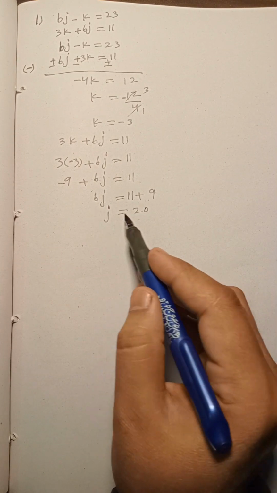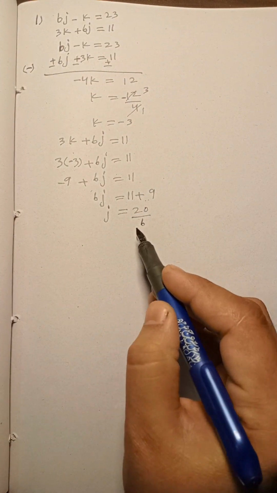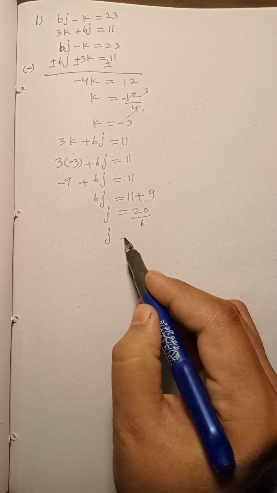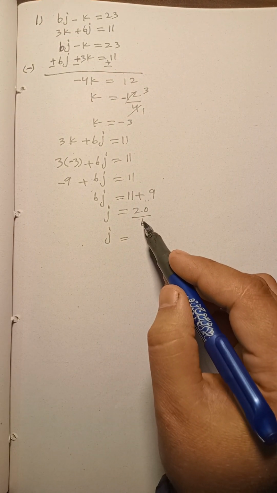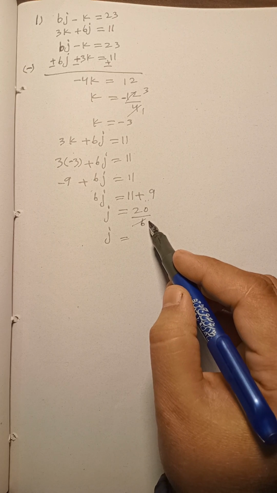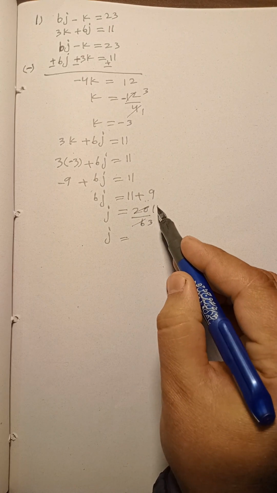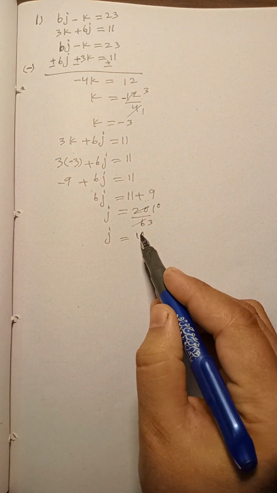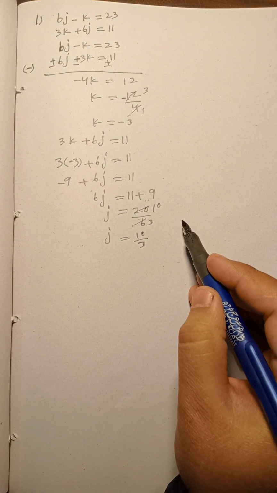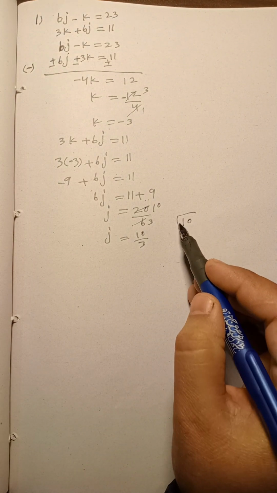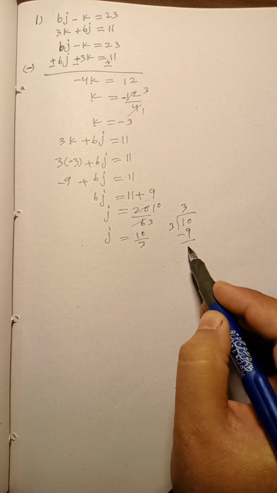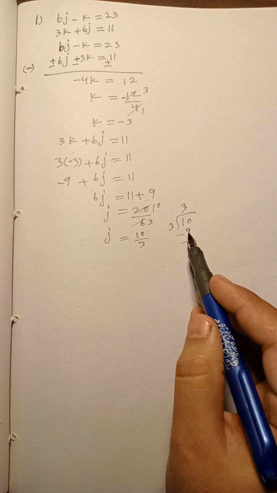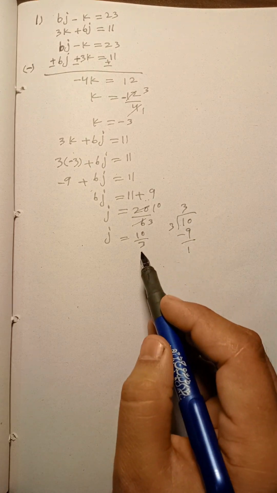And when 6 is carried on the other side, it will be divided. So j is equal to, if you divide 20 by 6, 2 3s are 6 and 2 10s are 20. So 10 over 3, change it into a whole number. 10 divided by 3, 3 3s are 9, minus 1. 9 when subtracted from 10, answer is equal to 1.